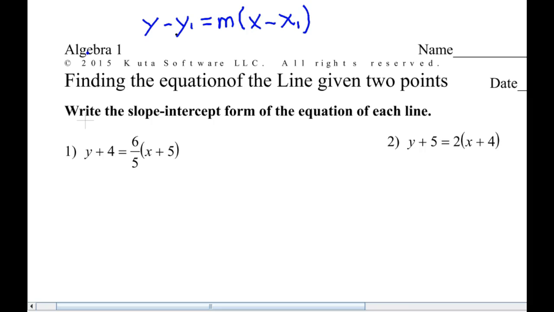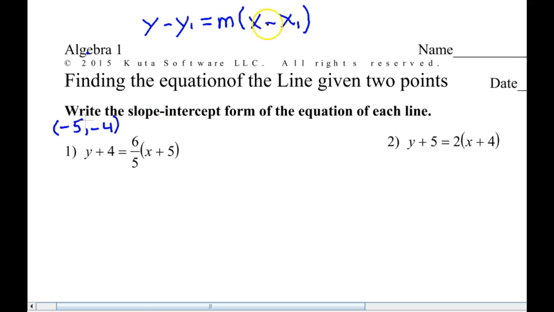And number 1 is an example of what if you're given a slope of 6/5 and the x and y of negative 5 and negative 4. And they're plugged into the formula. This is what it would look like.